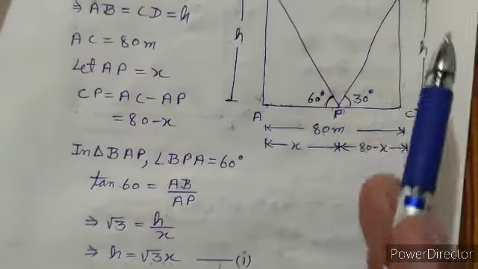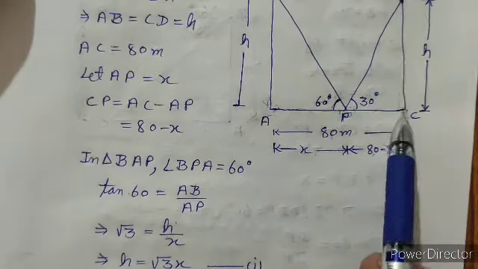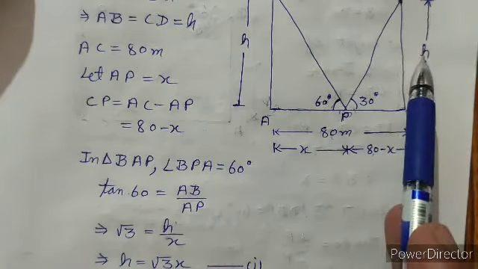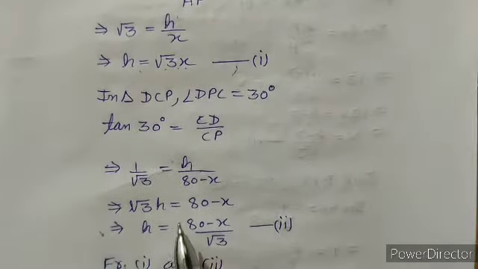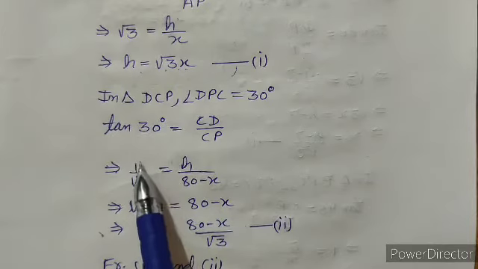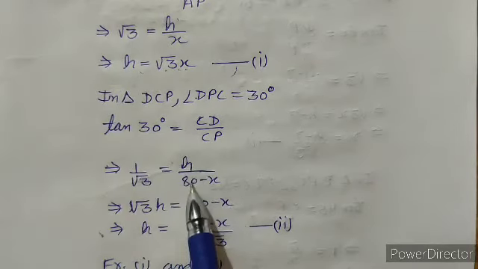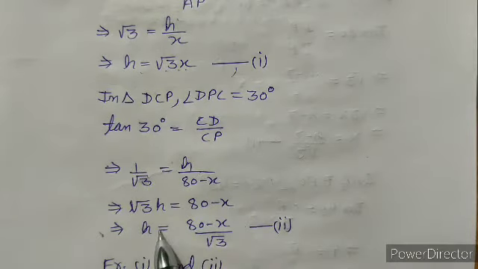Now in triangle DCP, tan 30 will be equal to CD upon CP. Here CD is h and CP is 80 minus x, and the value of tan 30 will be equal to 1 upon root 3. So this will give us 1 upon root 3 equal to h upon 80 minus x, which on solving will give us the value of h as 80 minus x upon root 3.